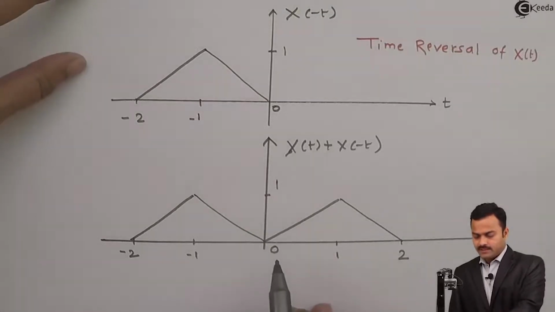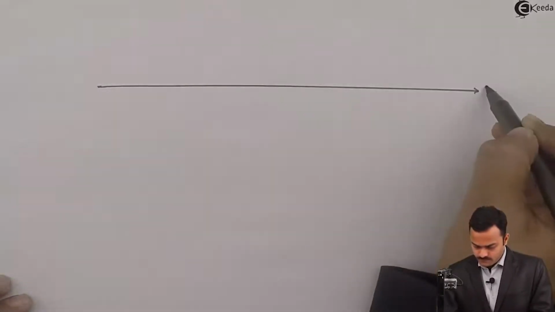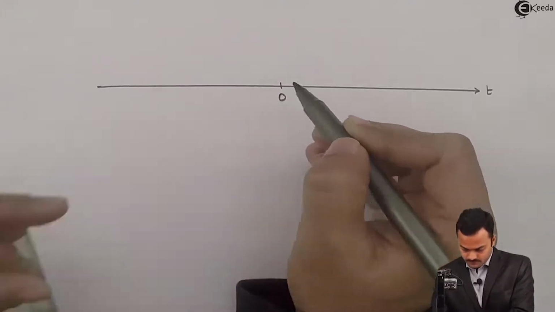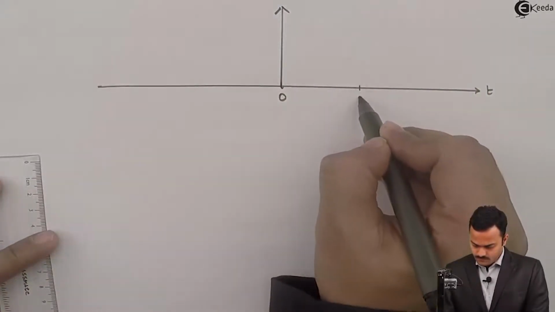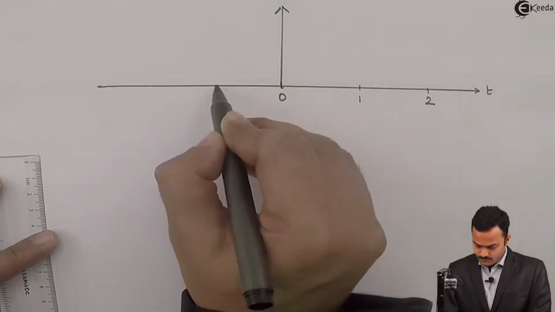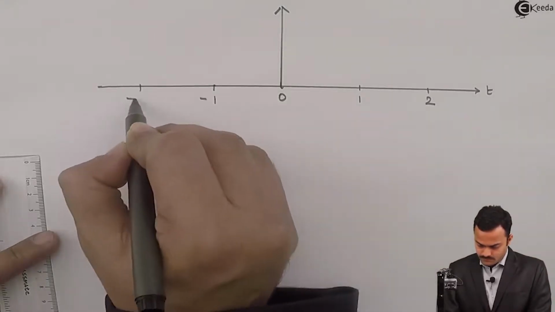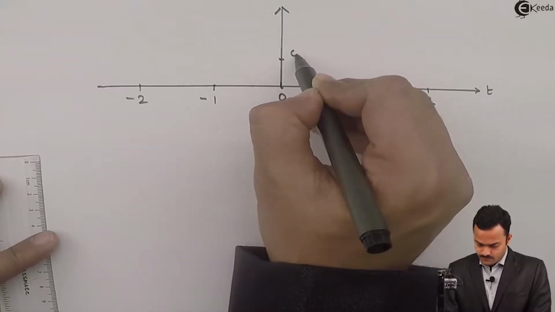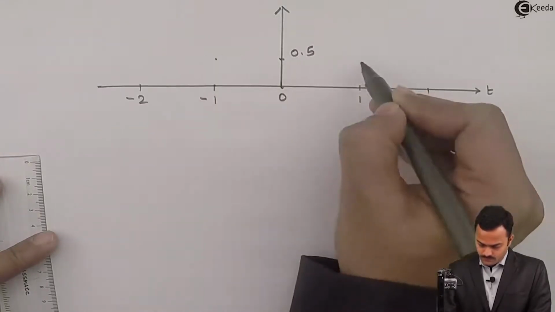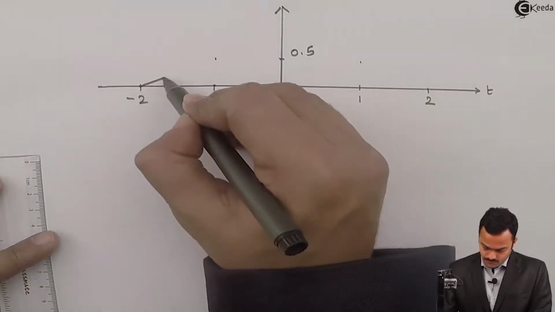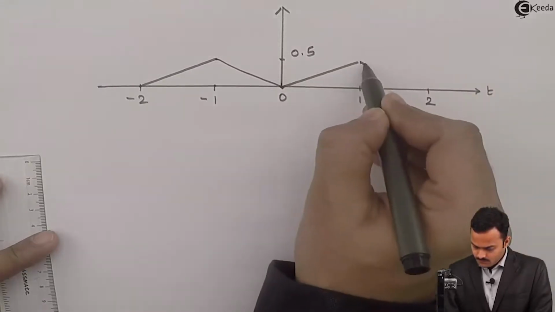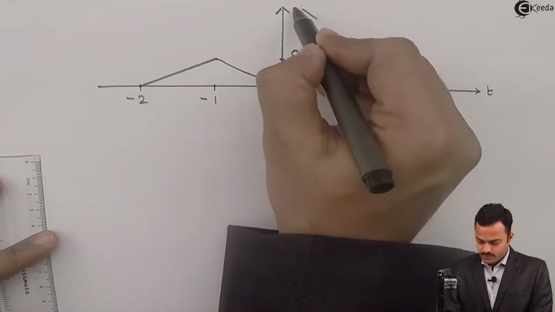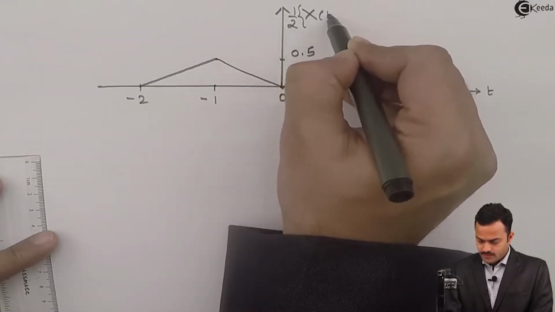So we will get an even part like this, which is 1 by 2 bracket x of t plus x of minus t.